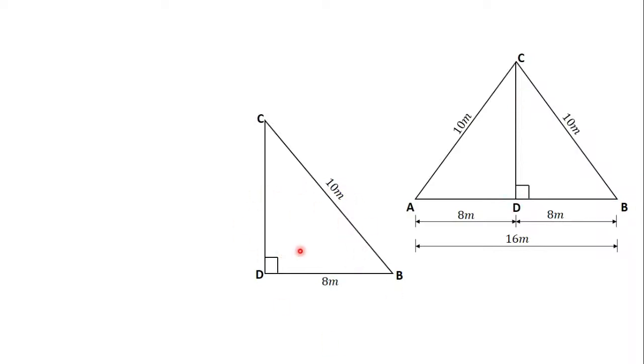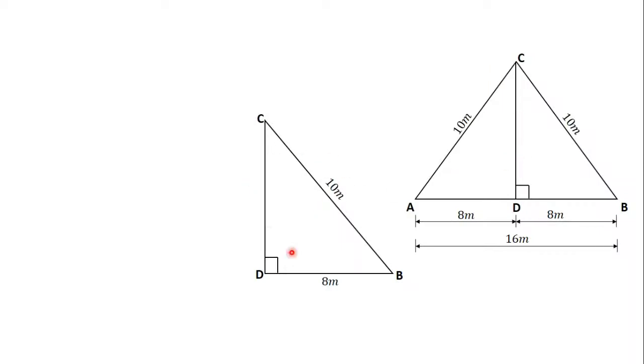From D to B is 8 meters and from B to C is 10 meters. But if you look at it carefully, you can see that from D to C is the height of the triangle. That is what we are looking for.